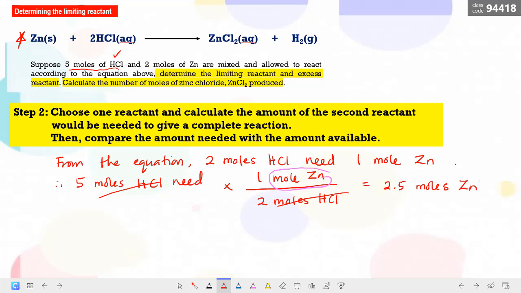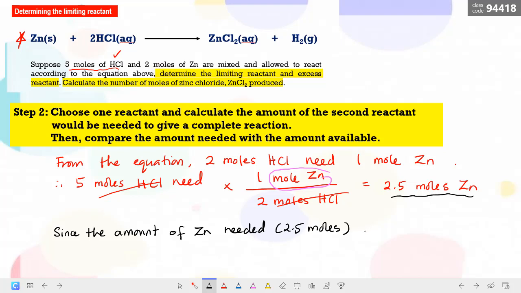So now we have to continue. Compare the amount needed with the amount available. Since the amount of zinc needed, berapa yang kita perlukan tadi kita dah kira, diperlukan 2.5 moles, is more than available.